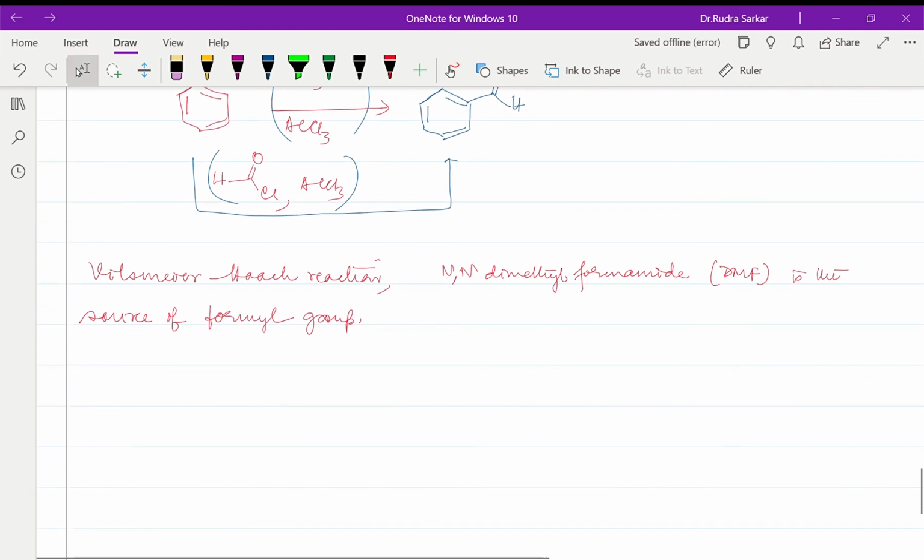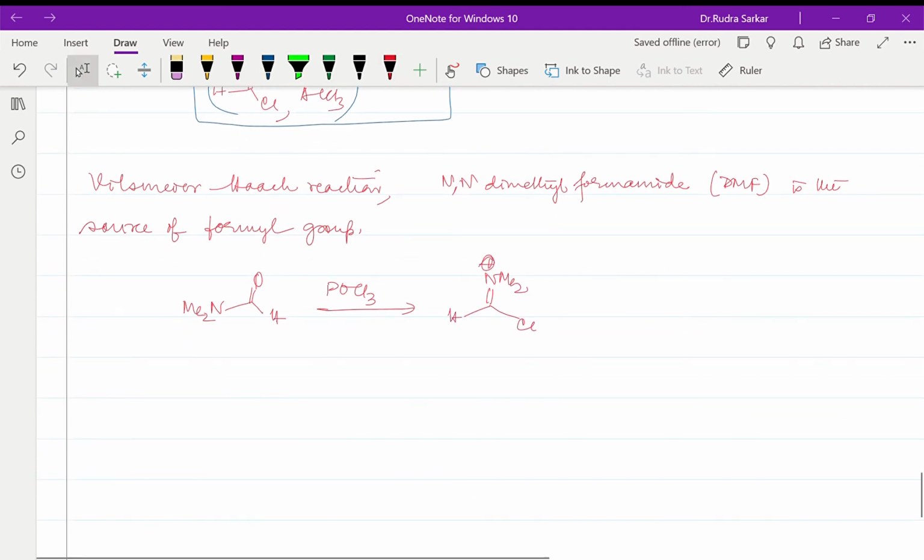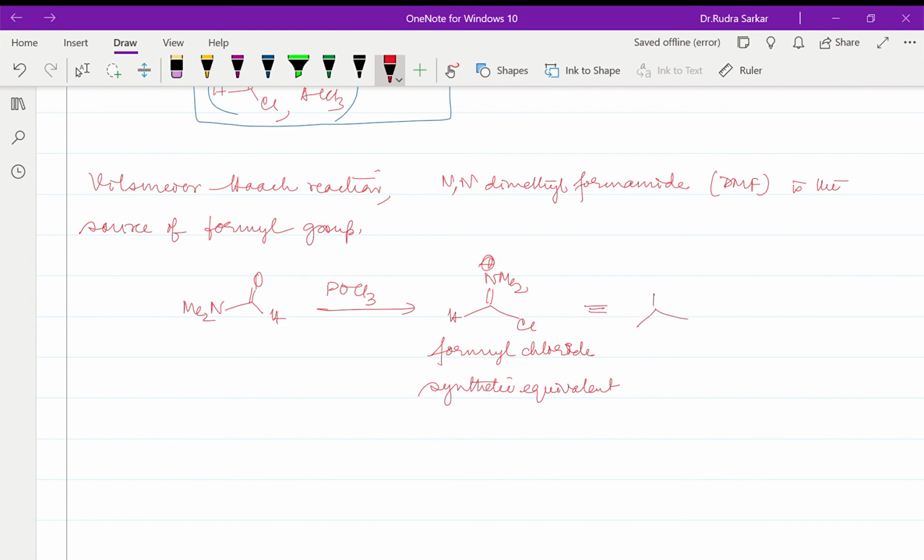So basically there is a reaction between the DMF and phosphorus oxychloride, that is POCl3, which will lead to the formation of formyl chloride synthetic equivalent, which is this. That means eventually this one.